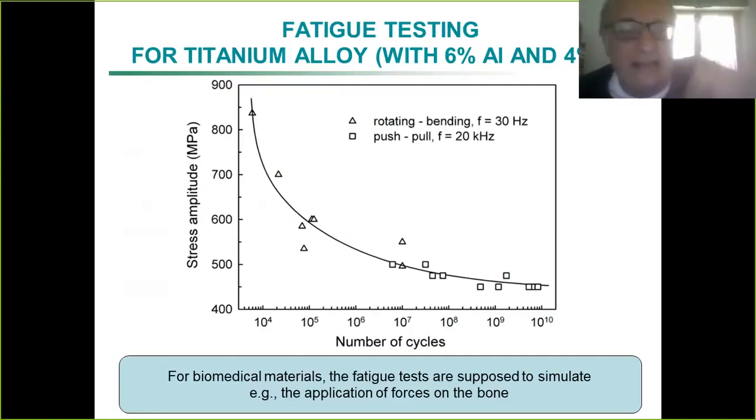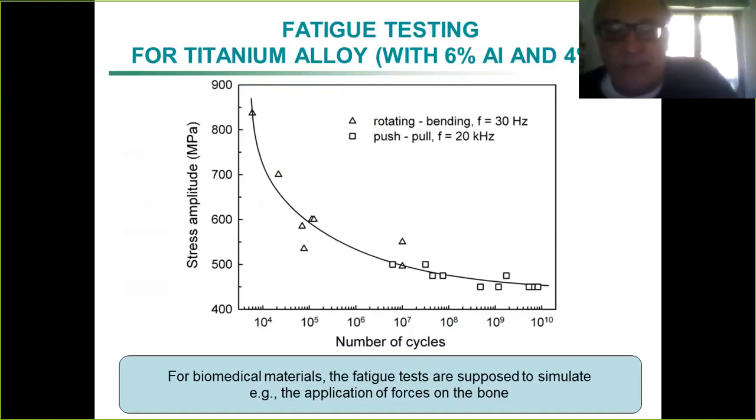It might break by monotonic testing, but this is not very interesting because if we implant the bone, we implant it for many cycles. If you implant on a femur, say, then our leg will move for 10, 20 years or so, which means a large number of cycles.